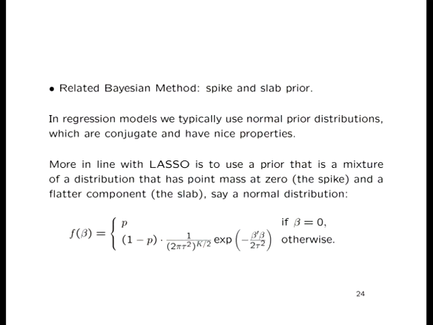Another Bayesian method that is useful to put this in perspective is what is referred to as a spike and slab prior, where you could specify a prior distribution that puts point mass at 0 and then has a continuous distribution for non-zero values, say a normal distribution or even a Laplace distribution. That would be very much in line with lasso, but it doesn't scale up as well as lasso.